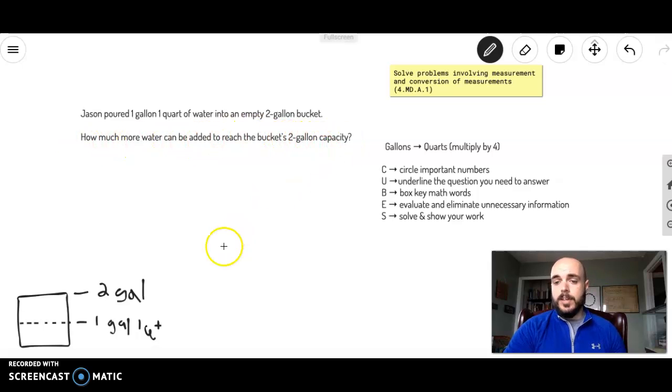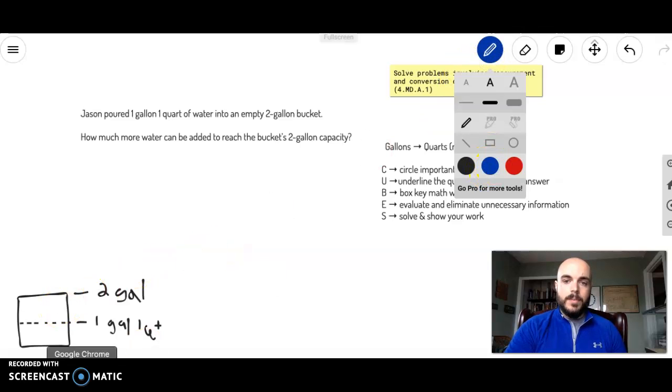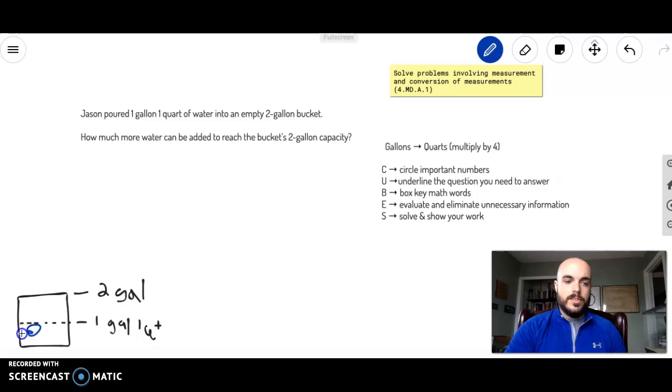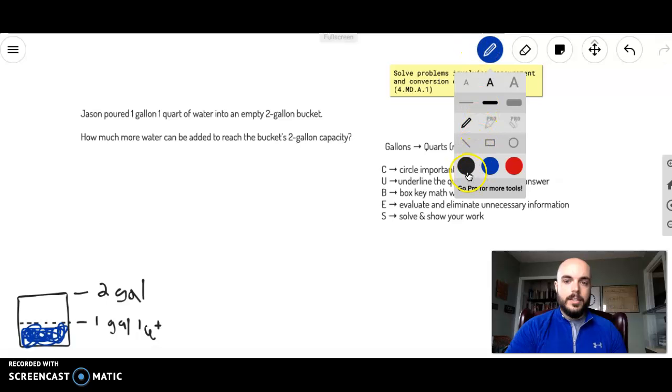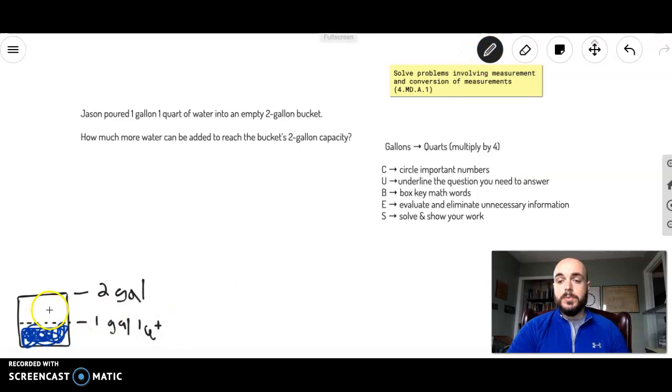Capacity means how much is in there. So let's say this blue is all the water that's in there, right? I have to find how much more water I need to fill in the rest of this here. So I know I'm going to be finding a difference, which probably means I'm going to be subtracting.